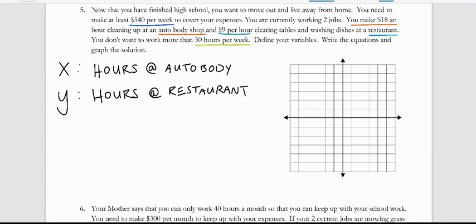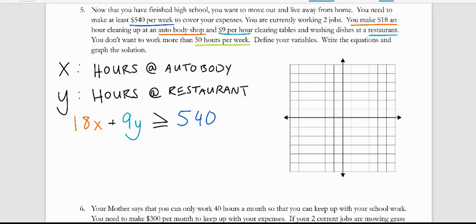So if I'm making $18 an hour at the auto body shop, which is x, and making $9 an hour at the restaurants, the combination of those 2 jobs has to be greater than or equal to 540 per week. Okay, so this is my first equation.